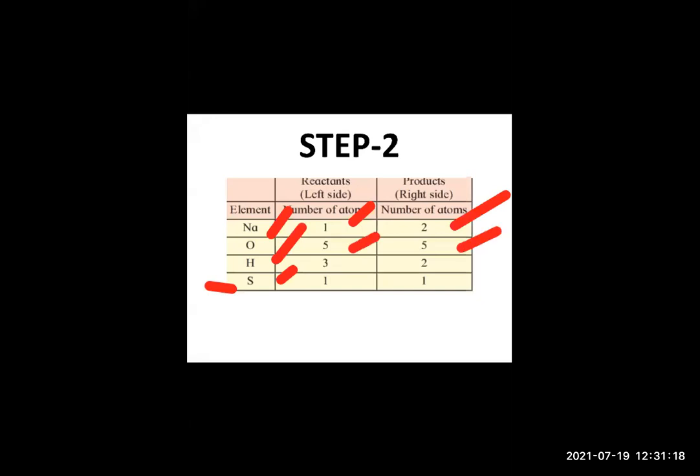Hydrogen, how many are there? 3 on the left side, the reactant, and on the right side only 2. So you have to balance it. Sulfur, 1. So in this way, if you write it, you will easily understand what you have to do to balance it.